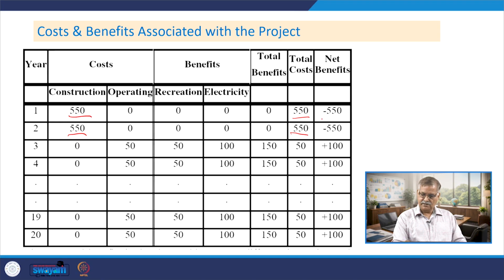So, net benefit is minus 55 lakh, minus 55 lakh, and in the third year the project starts providing output, and operating cost is 50,000, and benefit in terms of recreation at the rate of 1 rupee is 50,000, and electricity revenue generated is 100,000.